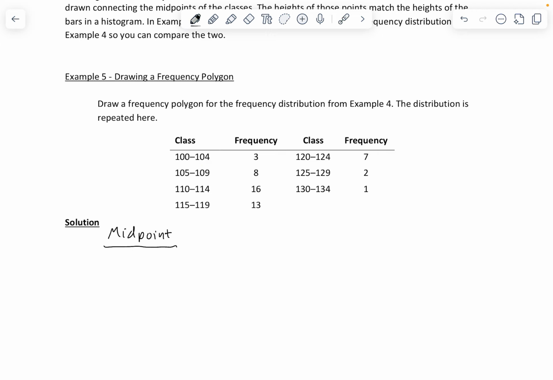Okay, so that would be 100 plus 104 divided by 2, which equals 102, okay? And we do that for all of them, right? So 105 plus 109 divided by 2 gives me 107, okay?